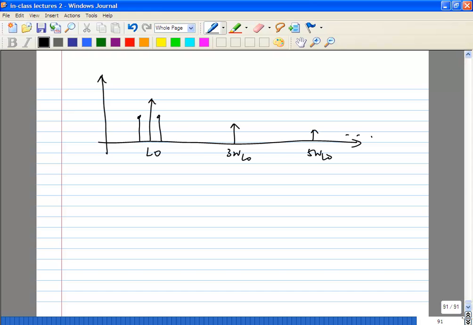These are your desired omega LO plus or minus RF. Similarly, you're going to get 3 omega LO plus or minus omega RF and so on, and one of these is usually going to be the desired term.